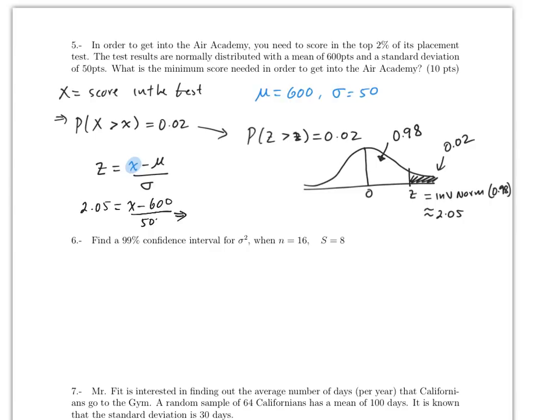If you cross multiply, you end up at x minus 600 is equal to 2.05 times 50, which is around 103. So if you solve for x, that means that x is equal to 703. So this is the minimum score you need in order to get into the Air Academy.